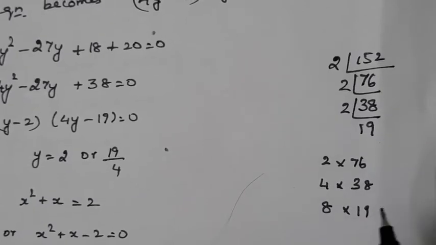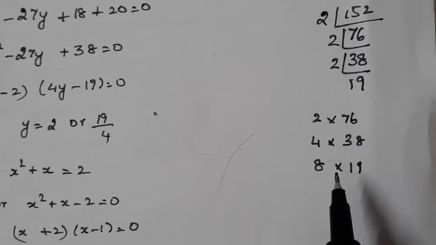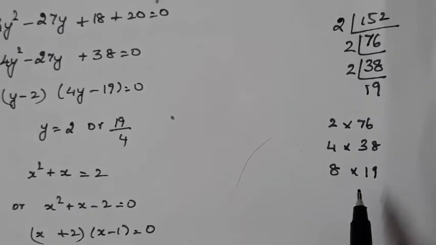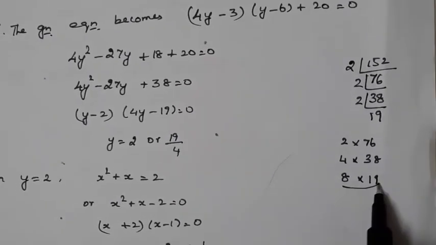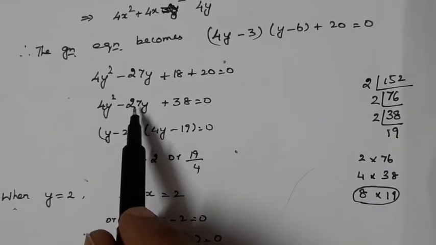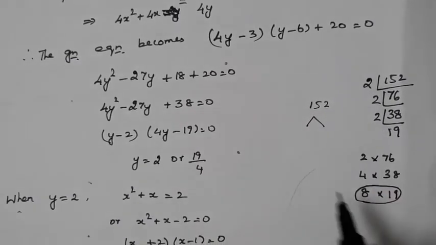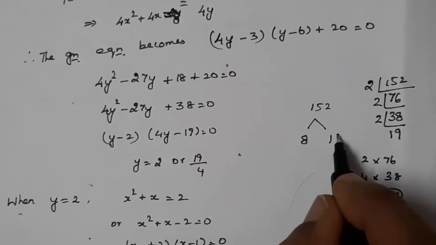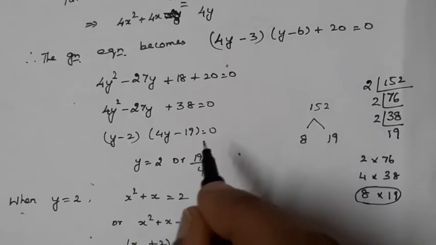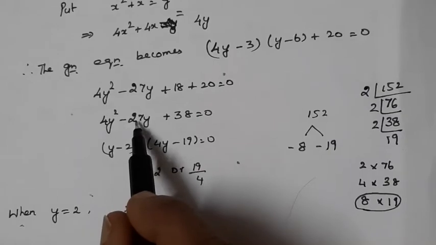Okay. Now among these, if you choose 8 and 19, the summation is 27. So 152 can be split up as the product of 8 into 19, that is minus 8 and minus 19, as it is minus 27.